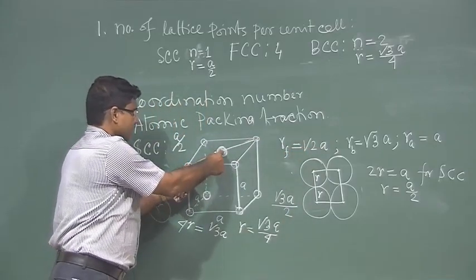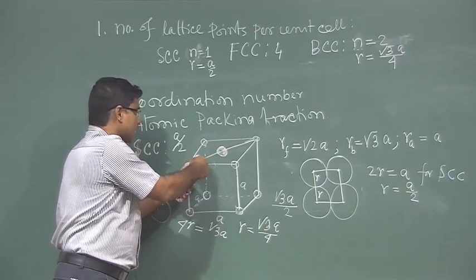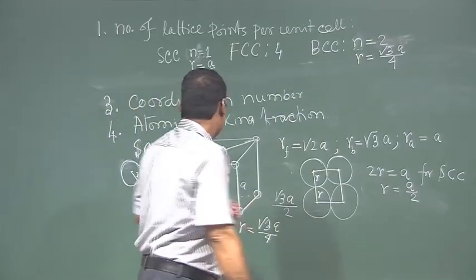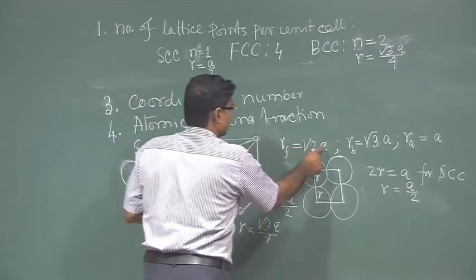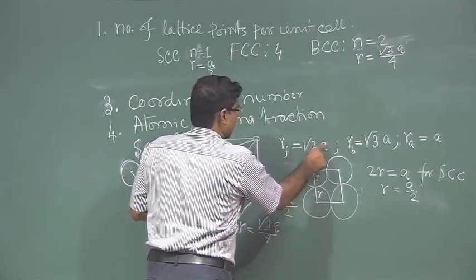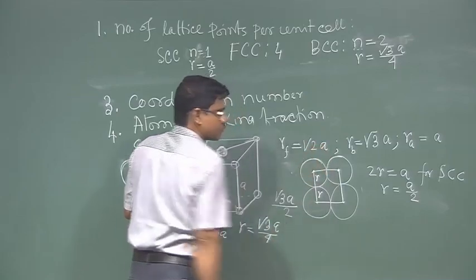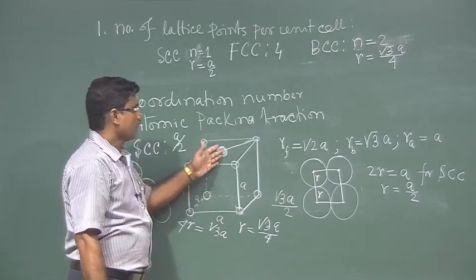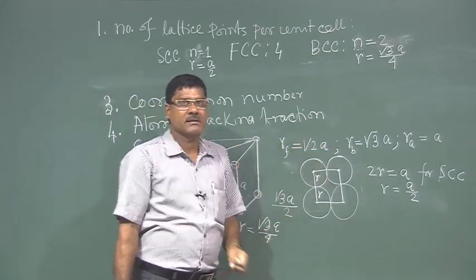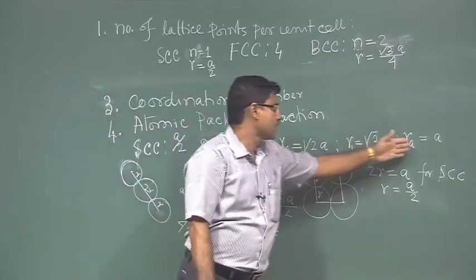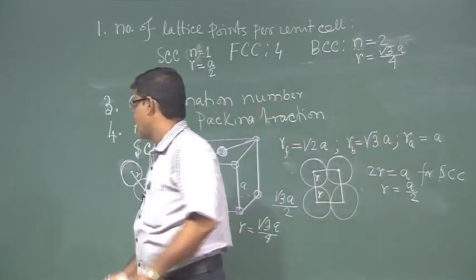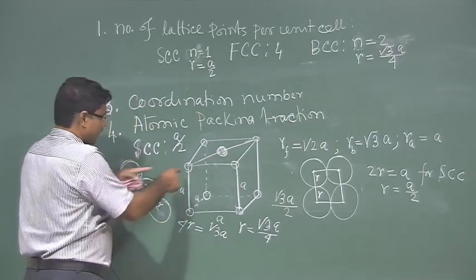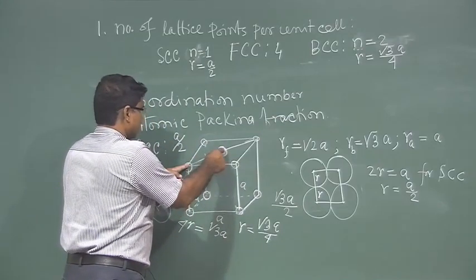So, the distance between these two corner atoms and this middle atom will be root 2 A by 2, means A by root 2. So, again A by root 2 will be the smallest distance because these other two distances are higher.